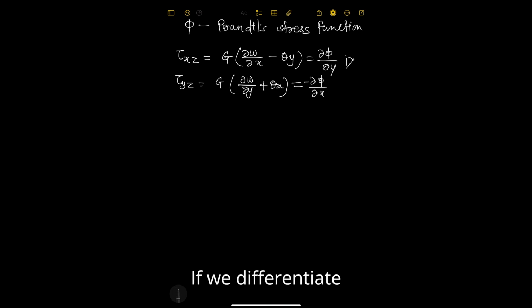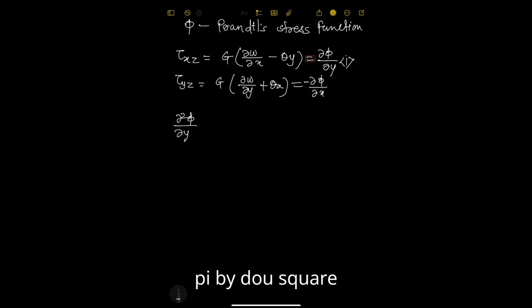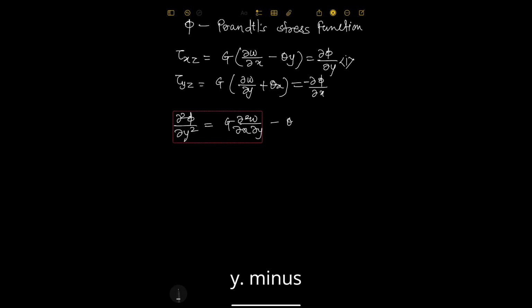If we differentiate the first equation with respect to y, then dou square phi by dou y square is equal to G into dou square w by dou x dou y minus theta.